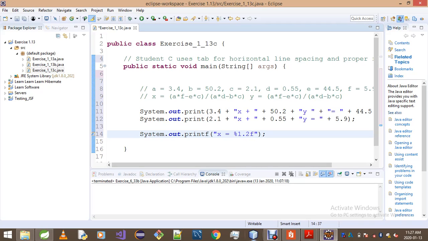Okay, we then put a horizontal space using tab, and then lastly we put our computation here.